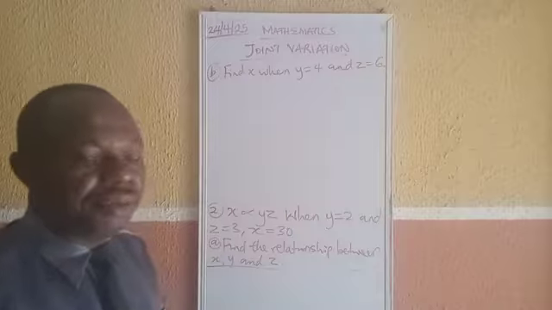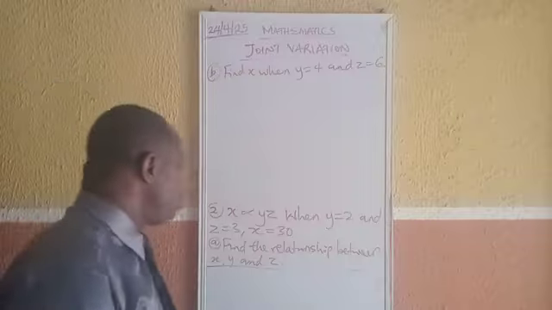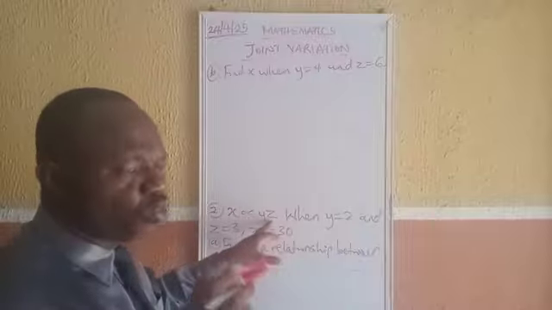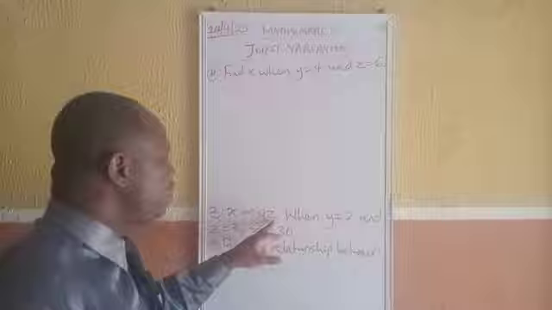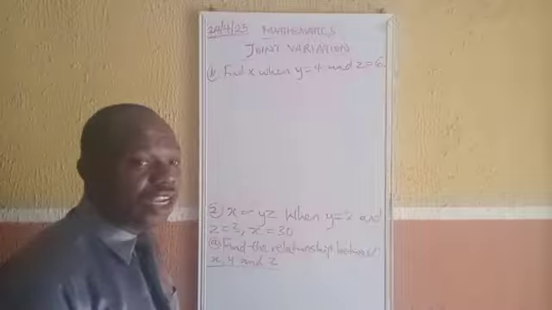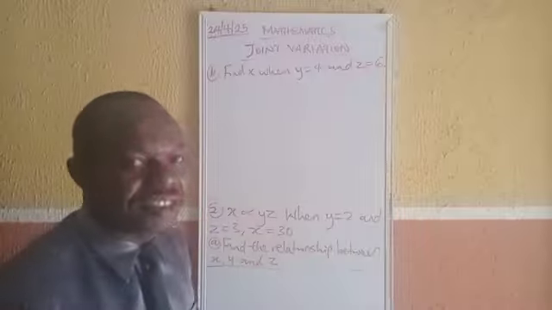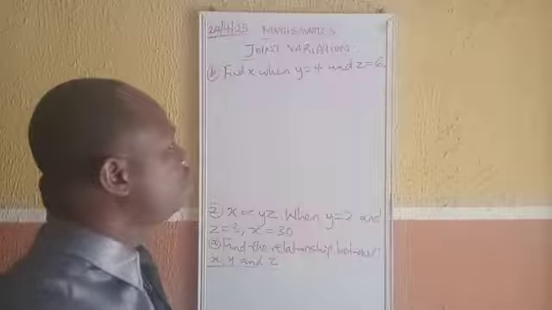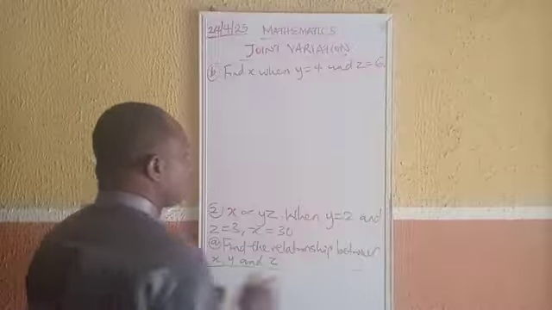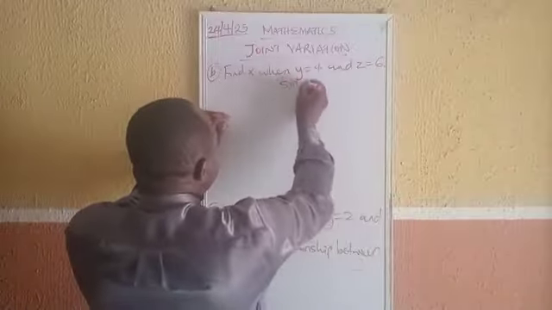Now, this is another simple question. As we can see here, the quantity x varies directly with two others, y and z. The approach we use in solving joint variation is exactly the same we have been using before with direct and inverse variation. So the steps are the same.